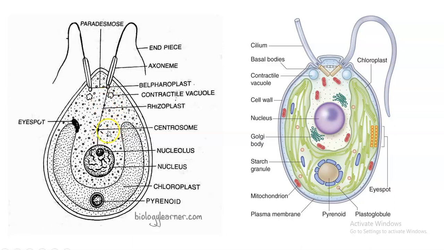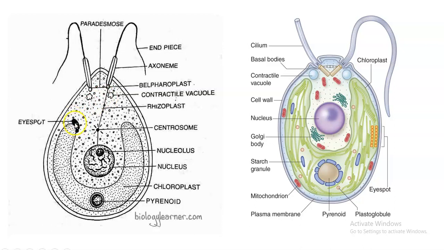The flagella originate from the basal granules. Now coming to the chloroplast, it is generally large and cup-shaped and present in the cytoplasm. In different species of Chlamydomonas, we can see different shaped chloroplasts. It's not always cup shaped; there can be spherical or elongated ones as well. Then there is an eye spot or stigma, present on the anterior side of the thallus.